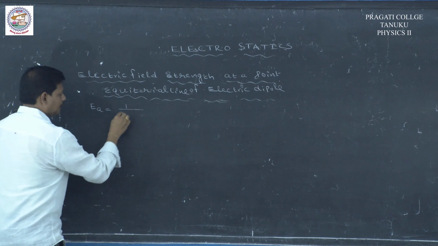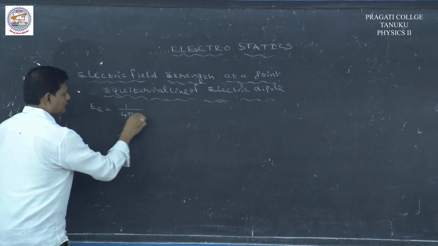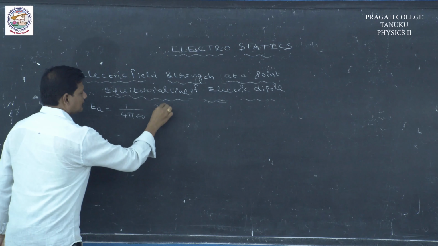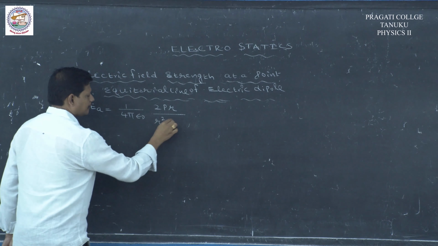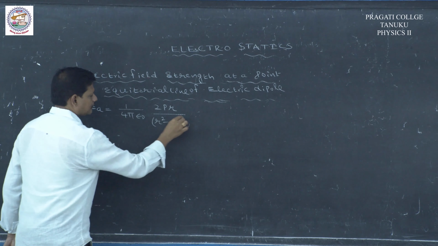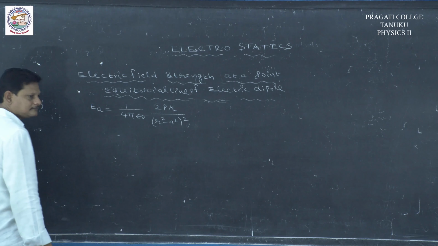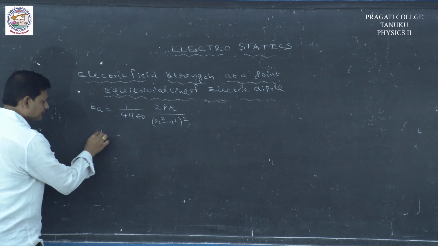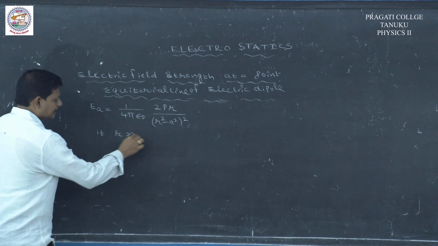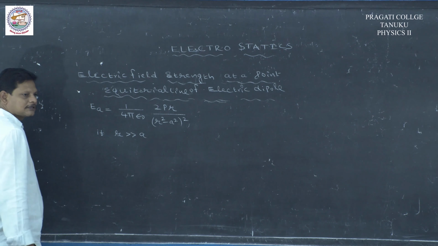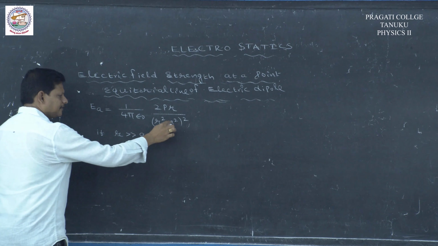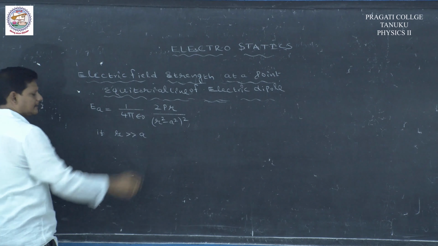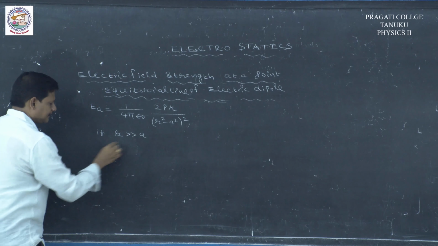E axial is equal to 1 by 4 pi epsilon naught, 2p r by (r square minus a square) whole square. If r is greater than a, it means if a is very small compared to r, then a can be neglected.